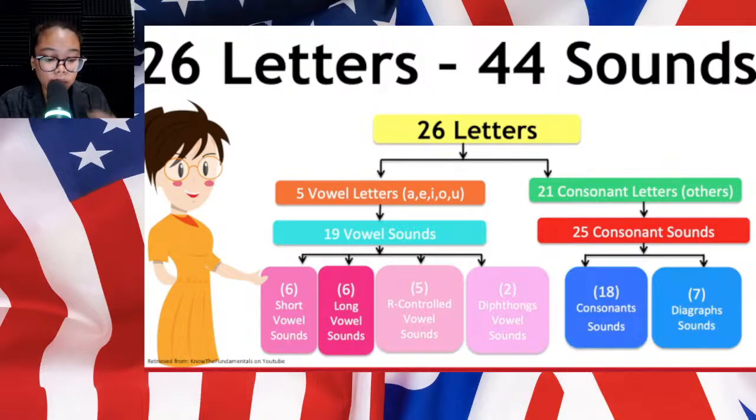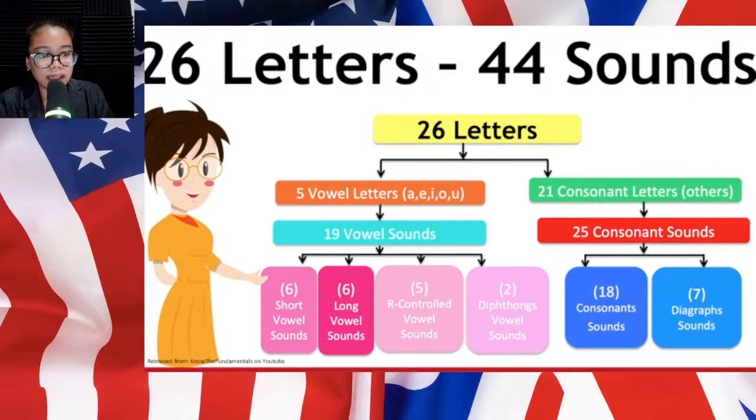Because again, there are only five vowel letters in the English language, but there are 19 vowel sounds in total, under which we have six short vowel sounds, six long vowel sounds, five R-controlled vowel sounds, and two diphthong vowel sounds.